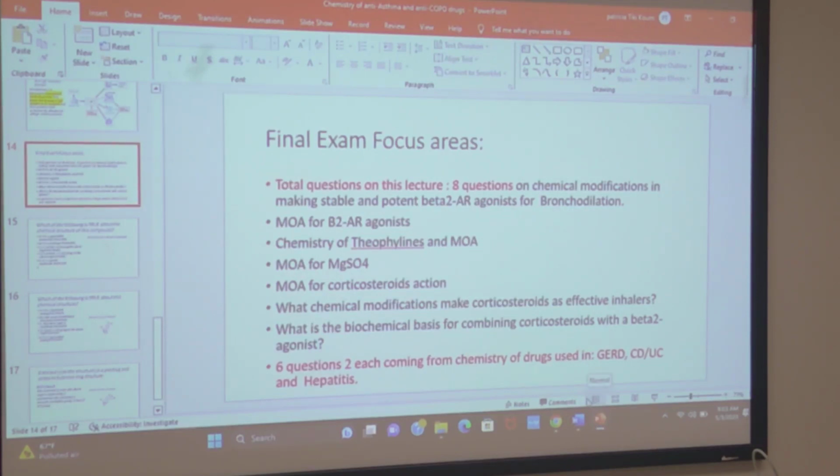As I mentioned, the corticosteroids induce expression of beta-2 adrenergic receptors. Thereby, if you have a bronchodilator drug along with the corticosteroid, it gives you an enhanced effect by binding to the beta-adrenergic receptors. That's the combination therapy. So that is the area where I can give you 8 questions.